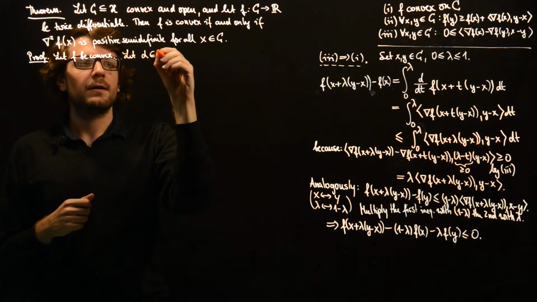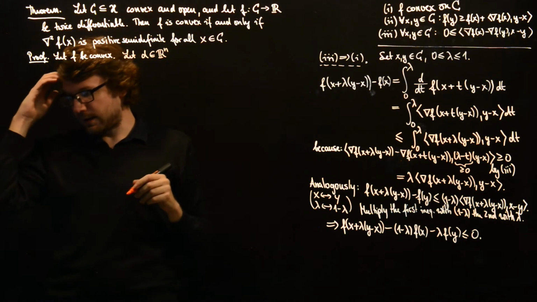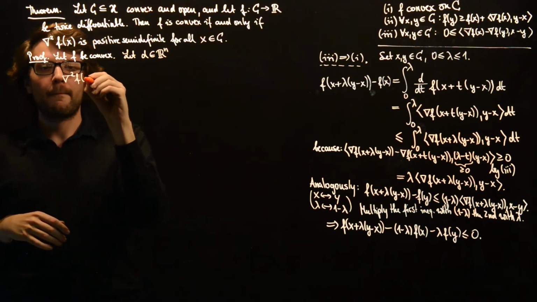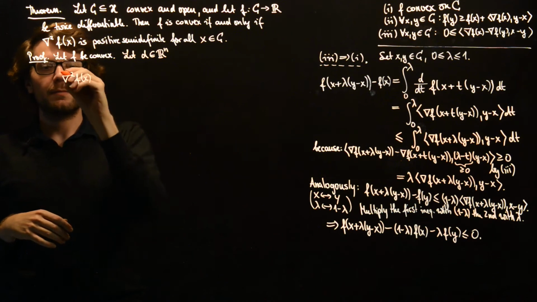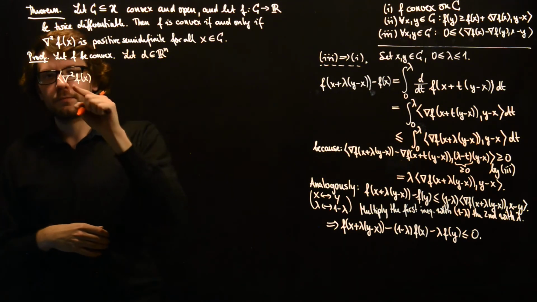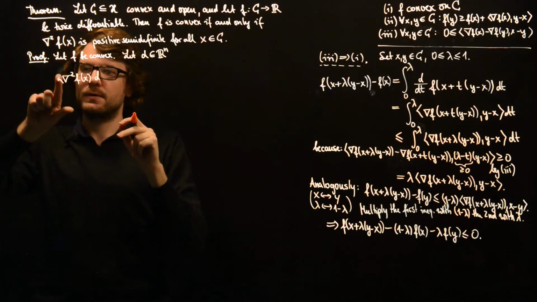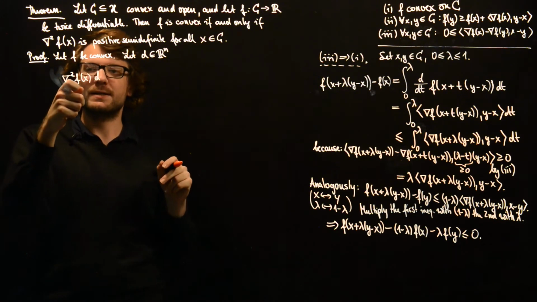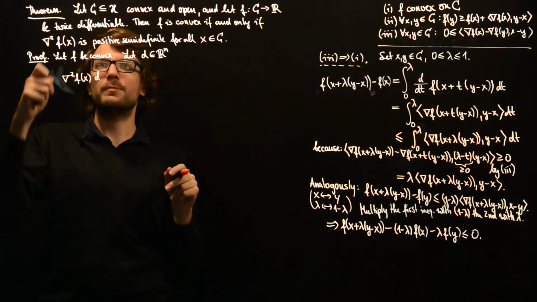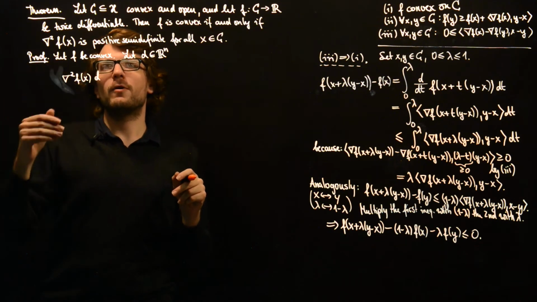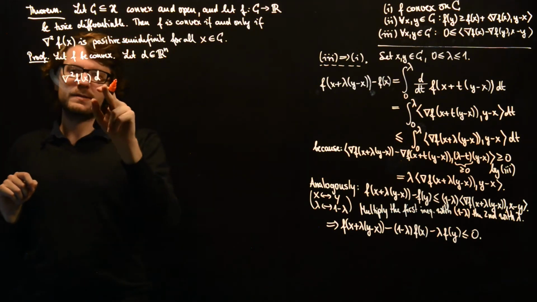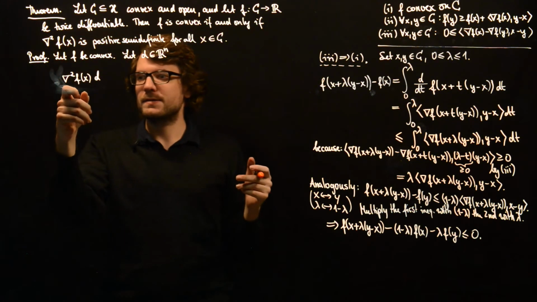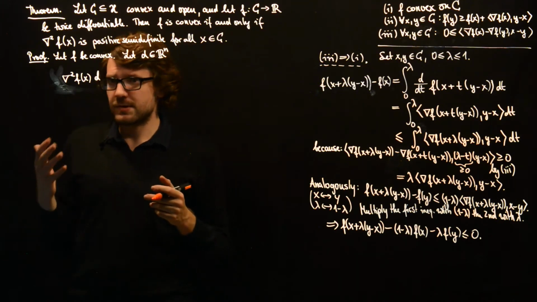Let d be in Rn. Then we have the Hessian. The Hessian at the point x is an operator, a linear operator from H to H. So we can apply this to a vector d, and we have to show that this Hessian is positive semidefinite.